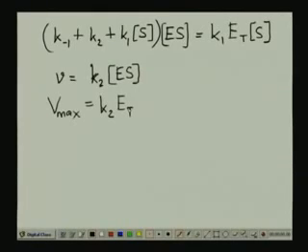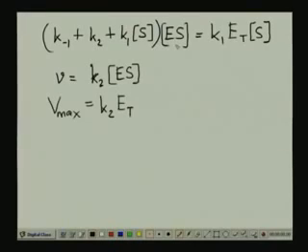Okay, so basically if we work out this whole reaction by substituting V as K2 ES and putting Vmax as K2 ET, if we multiply both sides by K2, I am not working it out completely, but it is just algebra.